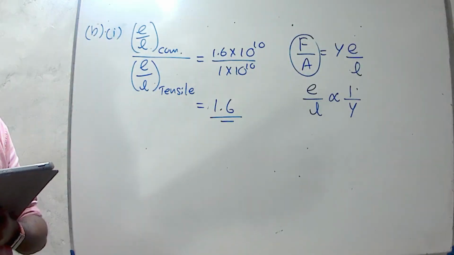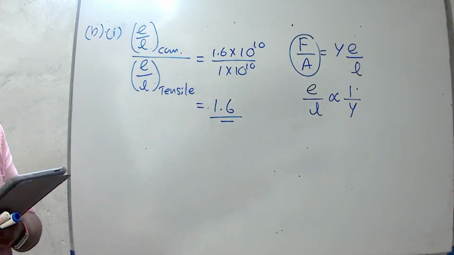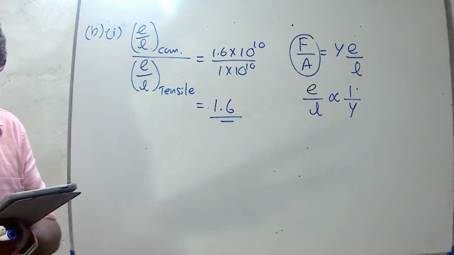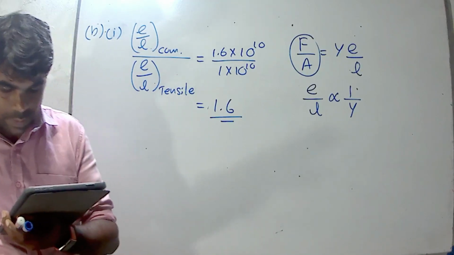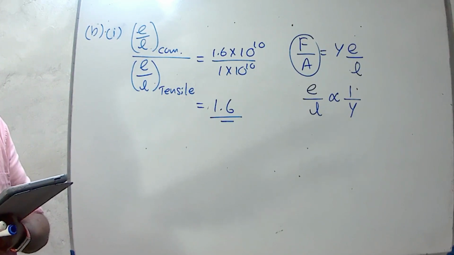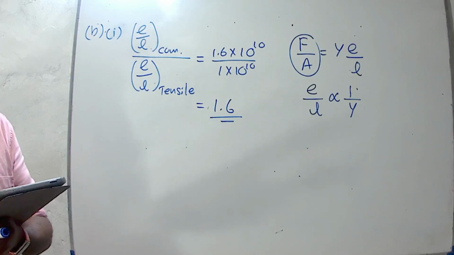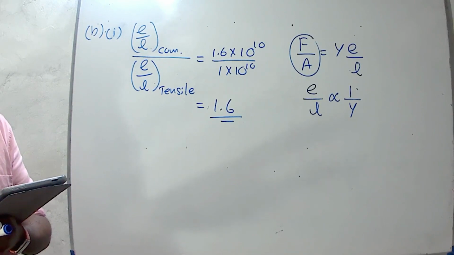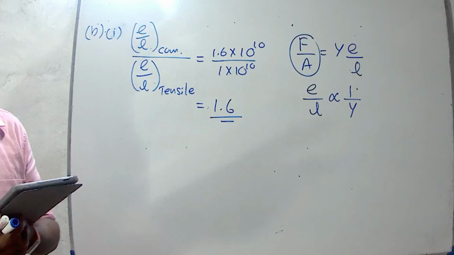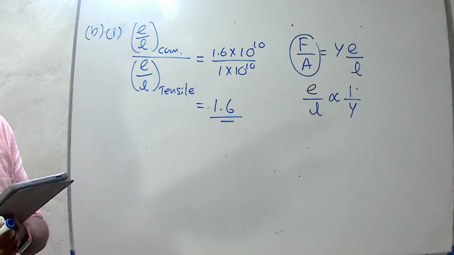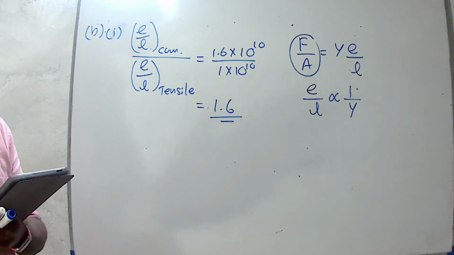Stress corresponding to the fracture point for compression is 1.65 × 10^8, and for tensile it is 1.2 × 10^8. Therefore 1.65 × 10^8 is the greater value. So the stress corresponding to the fracture point under compression is greater.